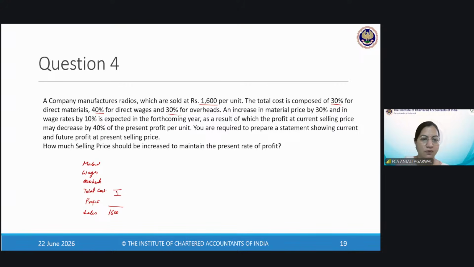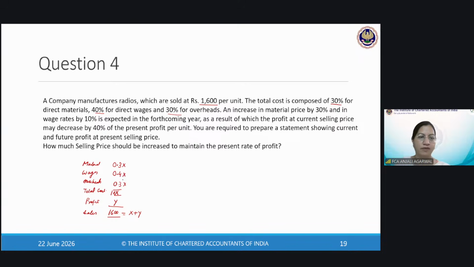So let us assume the total cost as X, profit as Y, and that gives us your sales, X plus Y. But the total cost comprises of 30% material, which means 0.3x, 40% wages, 0.4x, and 30% overheads, 0.3x.